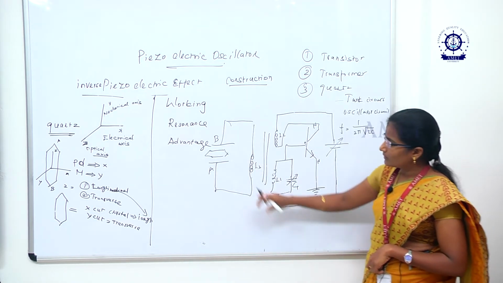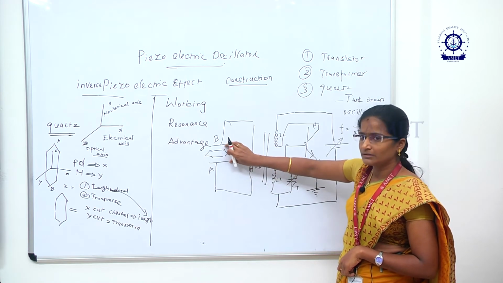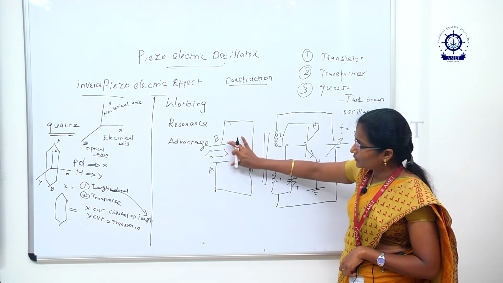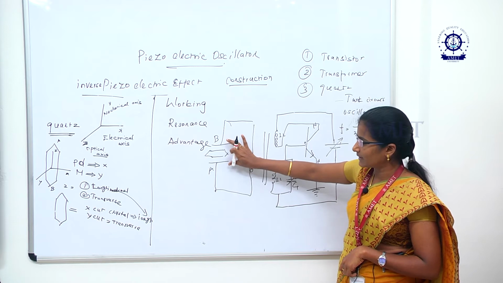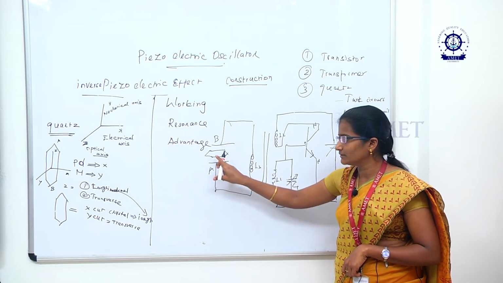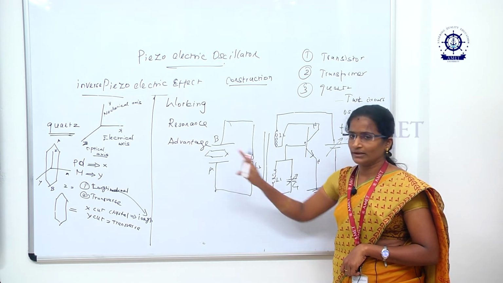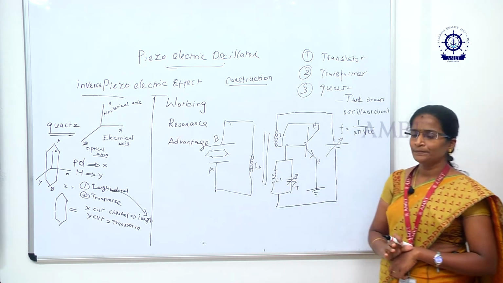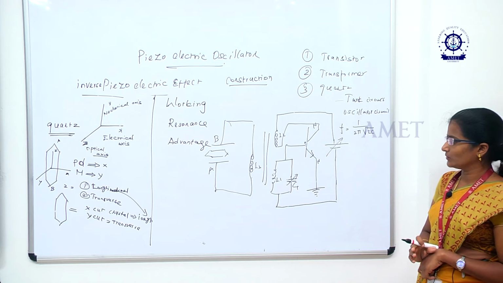This is the axis of the quartz crystal. We apply a potential difference along this axis, and the quartz crystal produces ultrasonic waves at its two ends. So this is the construction of the piezoelectric oscillator.